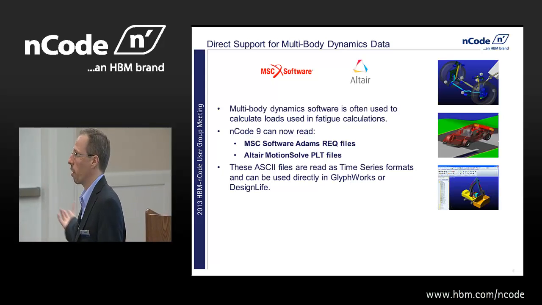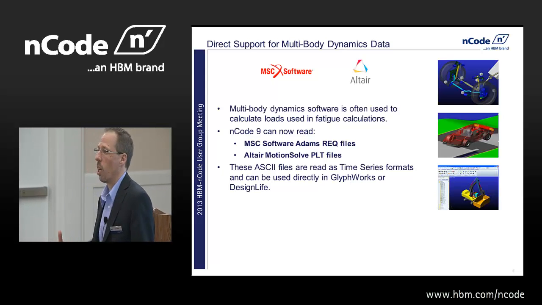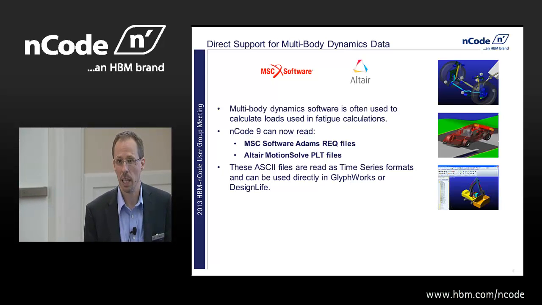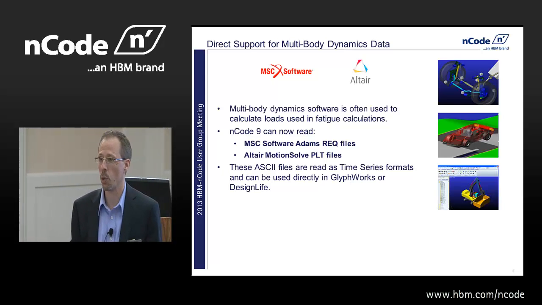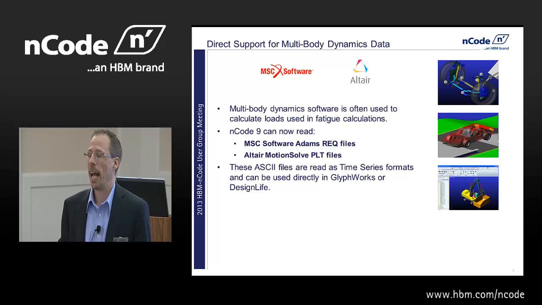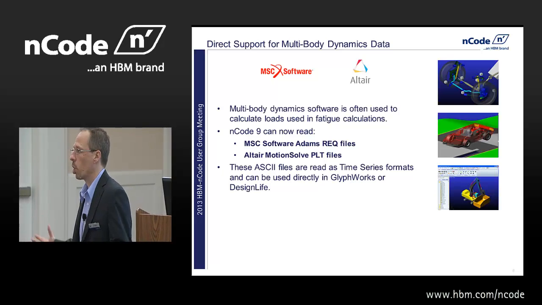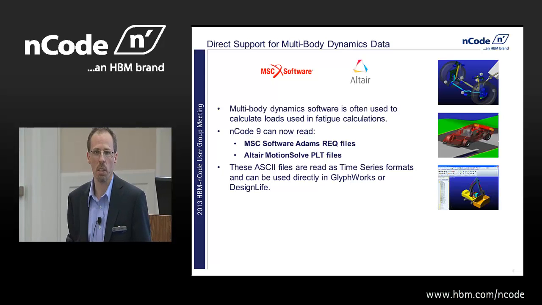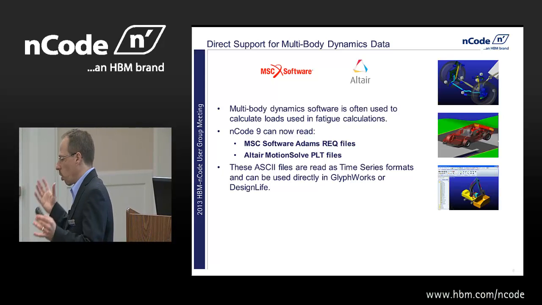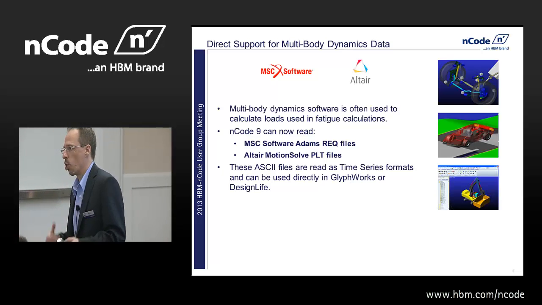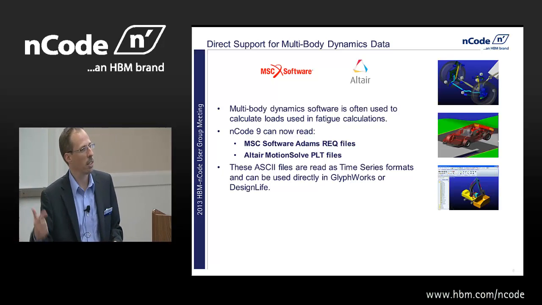We don't expect you to always use our data acquisition. We know you're going to be bringing in data from other boxes or other sources, Excel spreadsheets. So it's very important to me that you can get the data into GlyphWorks that you need. So that's an ongoing demand, making sure we add new file formats and latest versions.